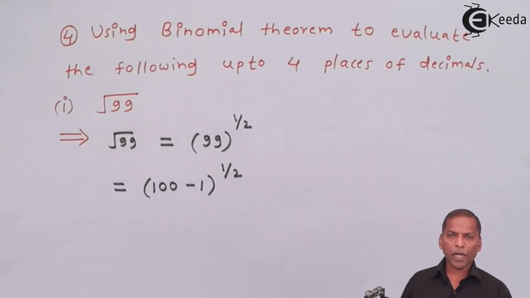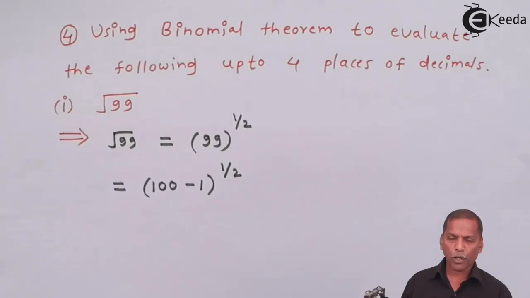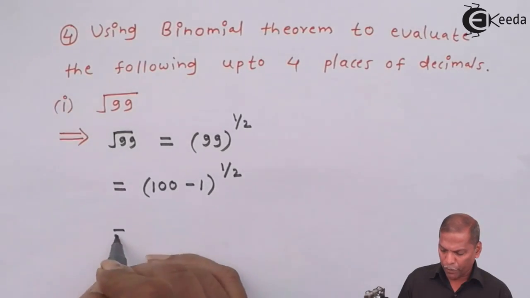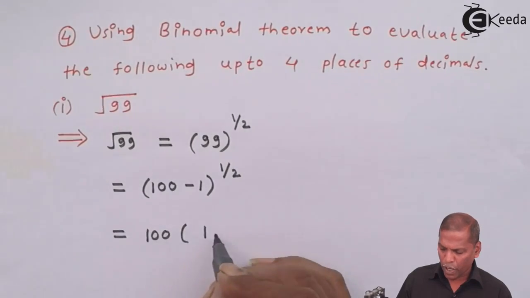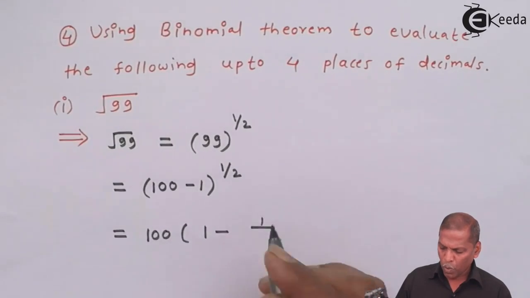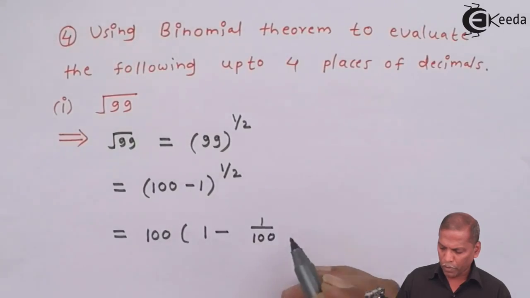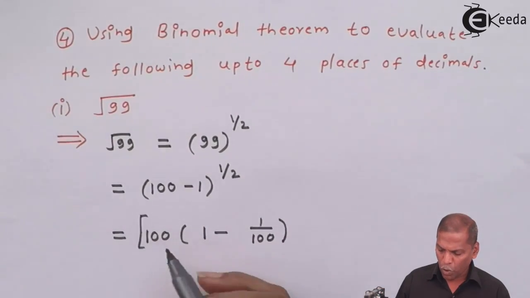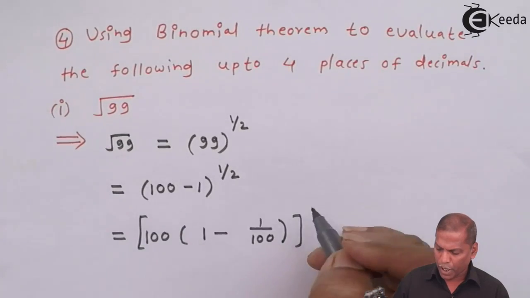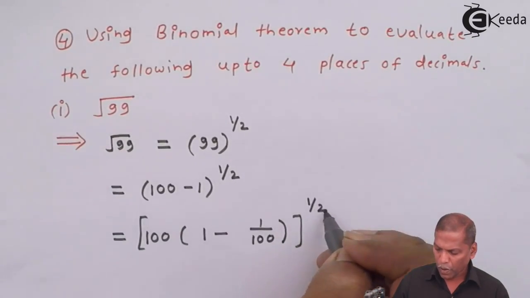Now here we take 100 common from both terms. So the next step will be 100 in bracket 1 minus 1 upon 100 bracket complete. Now whole number raise again 1 by 2.